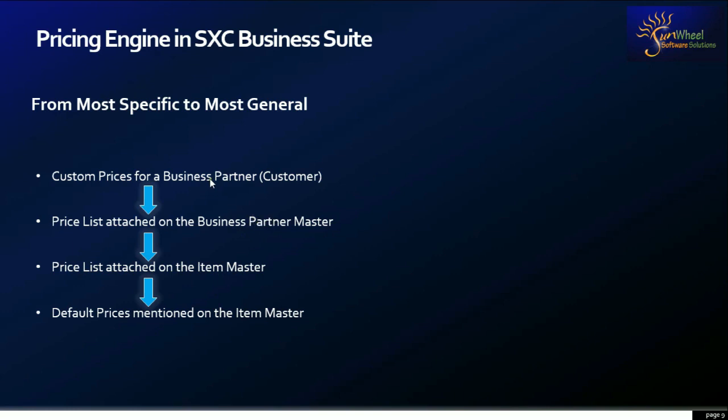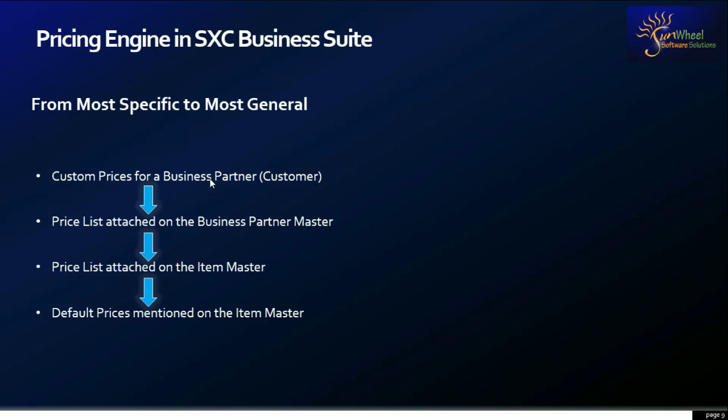Now the last thing you can do is have custom prices mentioned for a particular business partner, in this case customer. So which means that for this particular customer, for this item this is going to be the price, and for the other item this is going to be the price, and so on and so forth.